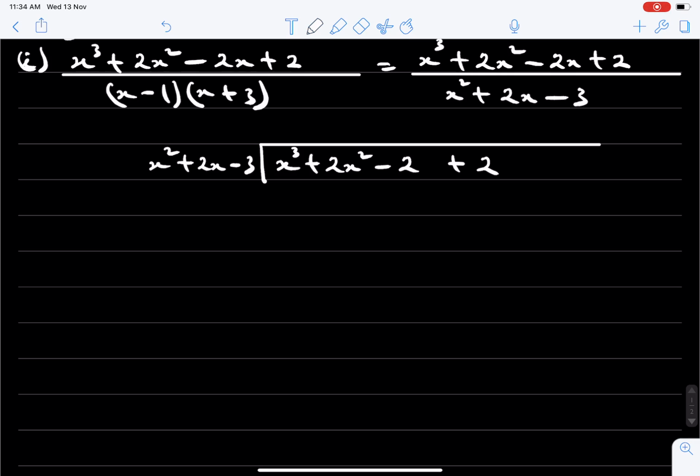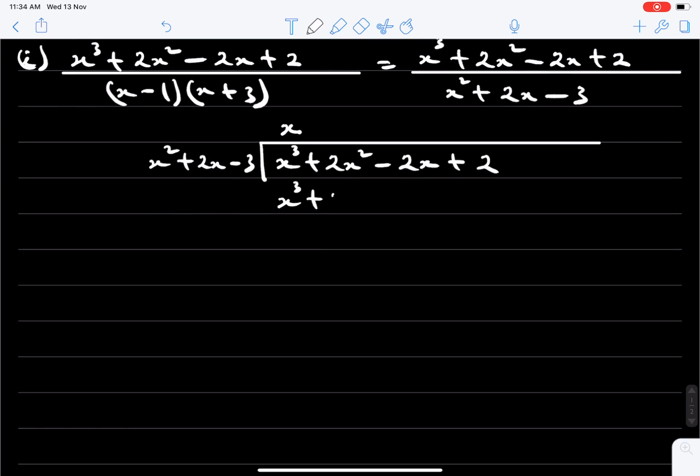That's easy. x cubed divided by x squared is x. Whenever you divide, you multiply the whole of the divisor by that result. So x times x squared is x cubed, plus 2x times x, that's 2x squared, minus 3 times x is minus 3x.